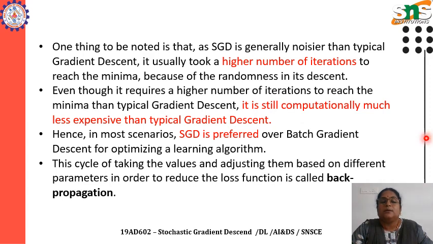One thing we have to understand is that SGD is noisier than gradient descent, because of the randomness, a higher number of iterations is needed to reach the minimal value in the algorithm.